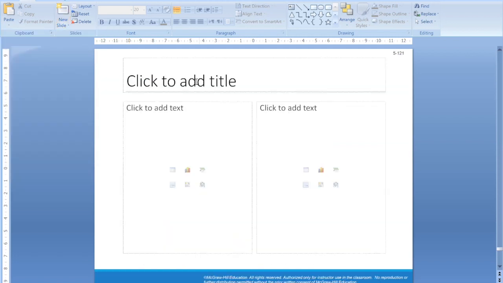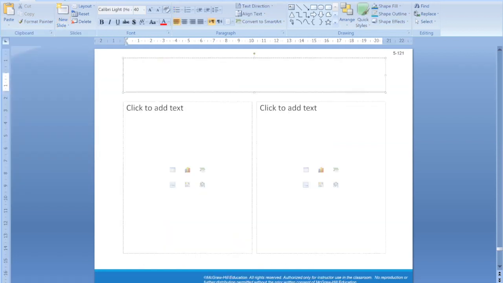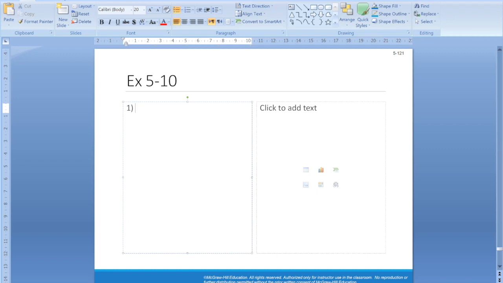So this is exercise 5.10. Number one, the total contribution margin ratio is equal to contribution margin divided by sales.